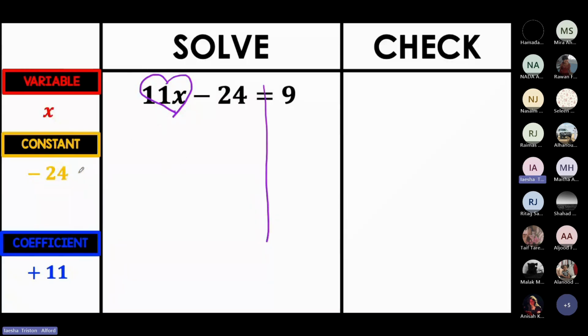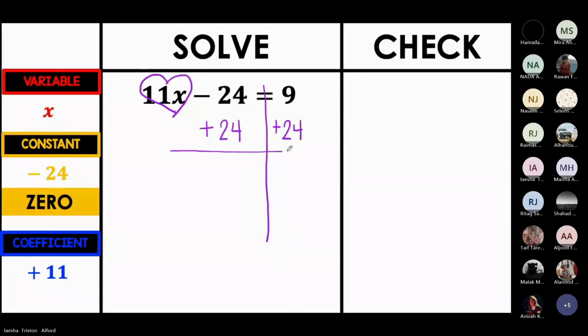The constant, we want to make it what number? 0. How? Add 24 to both sides. Negative 24 plus 24 makes 0.